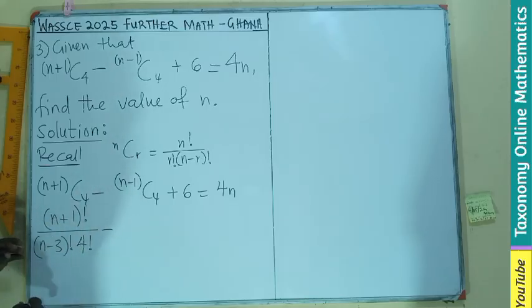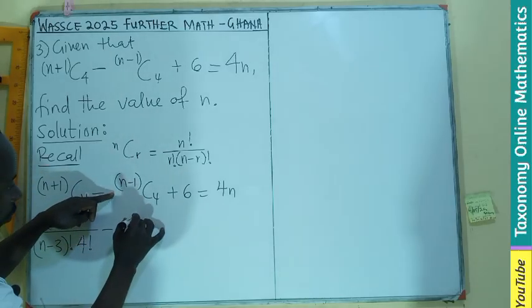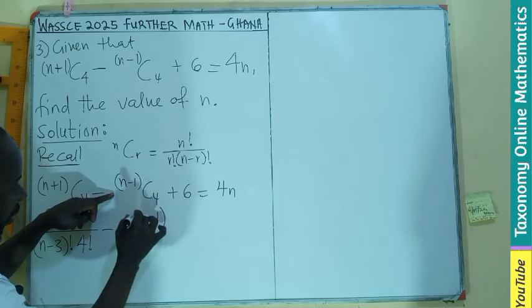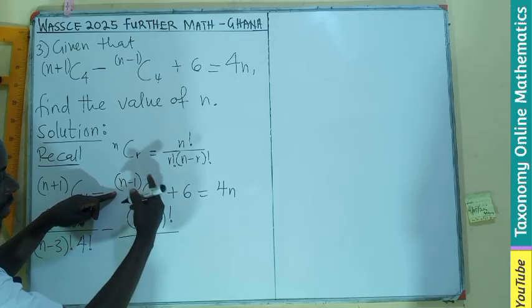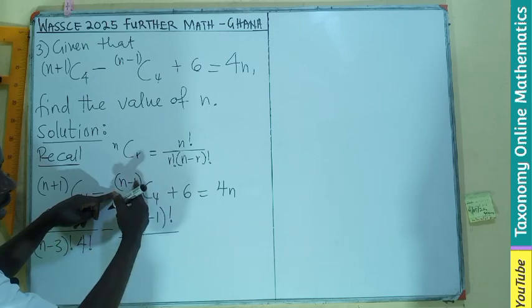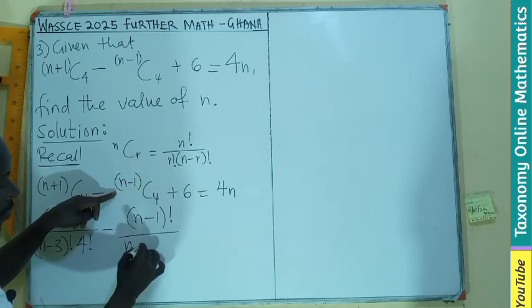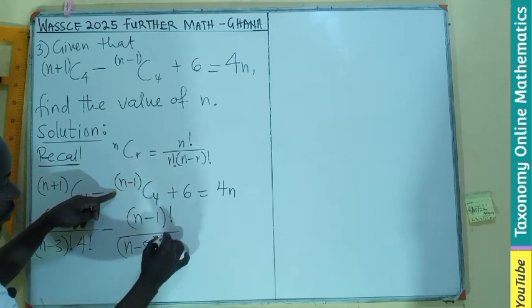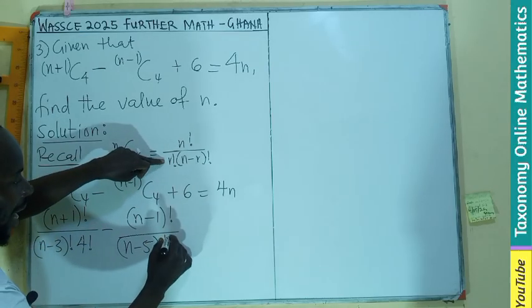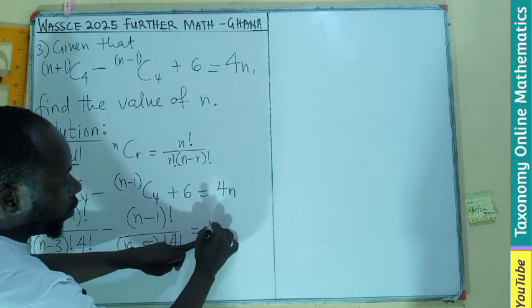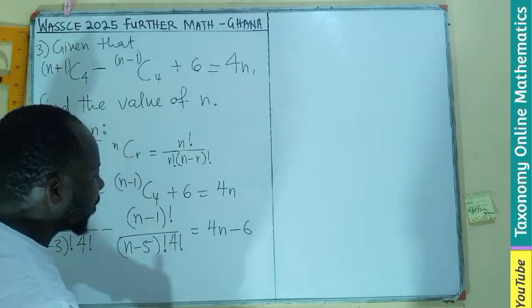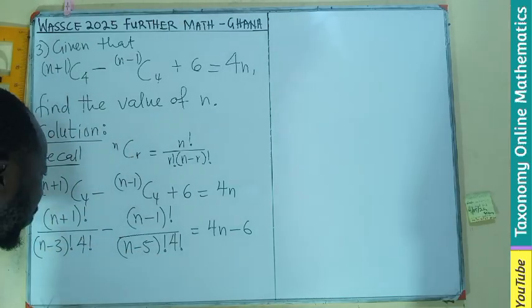Let's take our time. Then this is also going to be (n−1) factorial divided by (n−1 minus 4), which is (n−5) factorial, then 4 factorial, equals 4n minus 6. All right, what do we do?